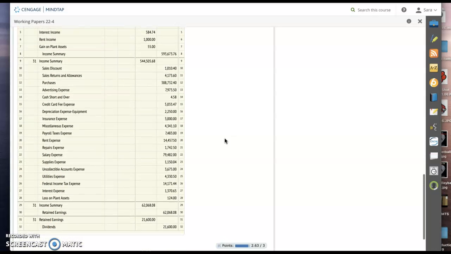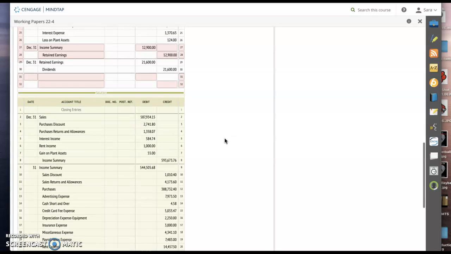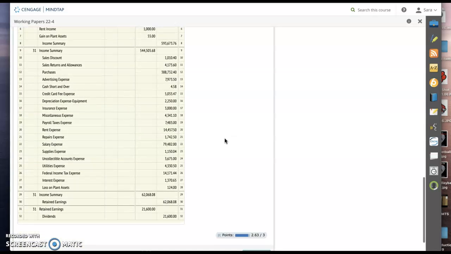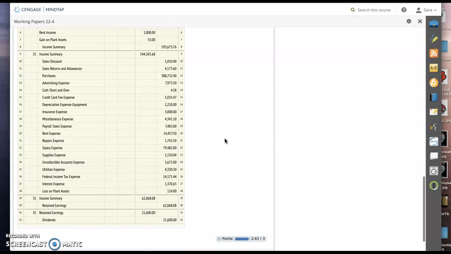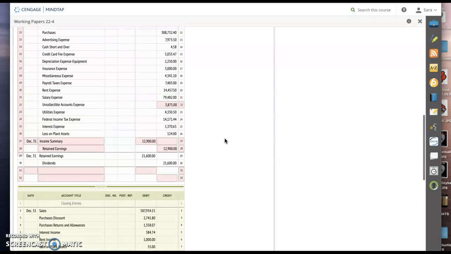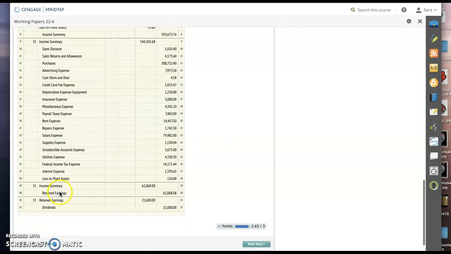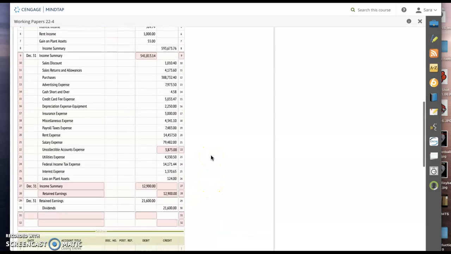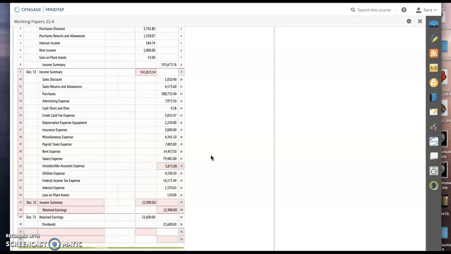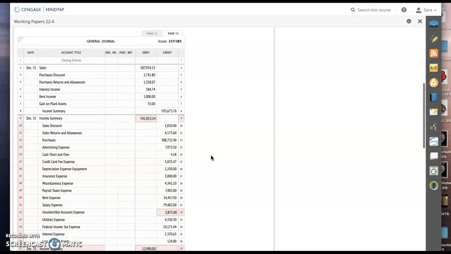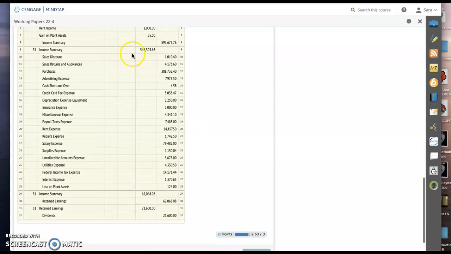And let's see. Then I have my income summary and retained earnings amount incorrect. I must have skipped something in this area. So I would just recommend that you pause it here and just double check things. So I apologize about that and see what it is that I missed.